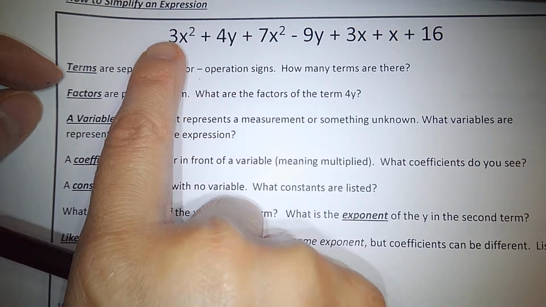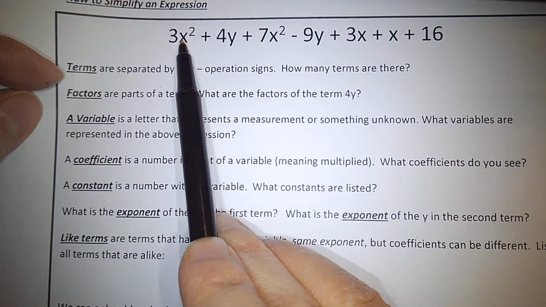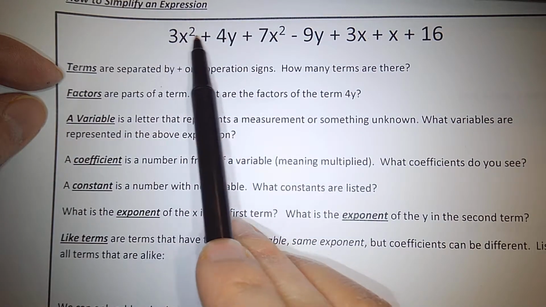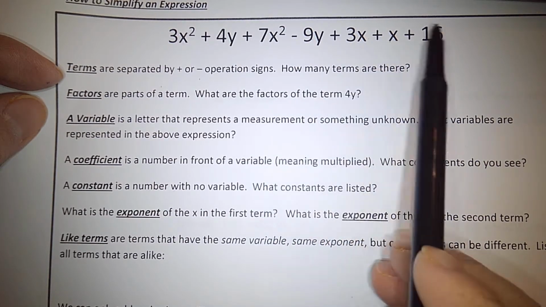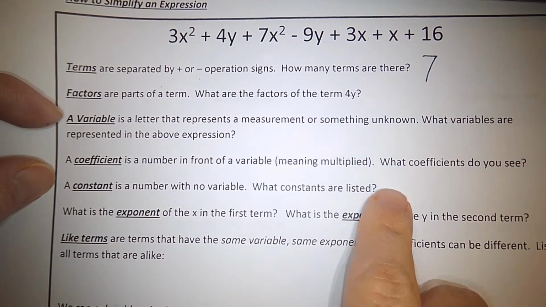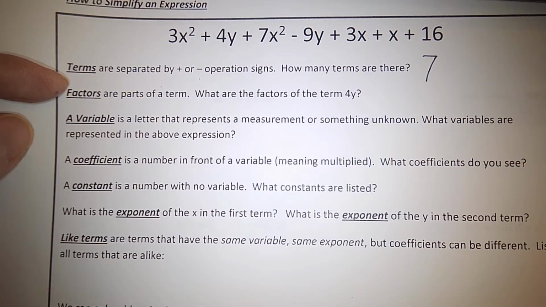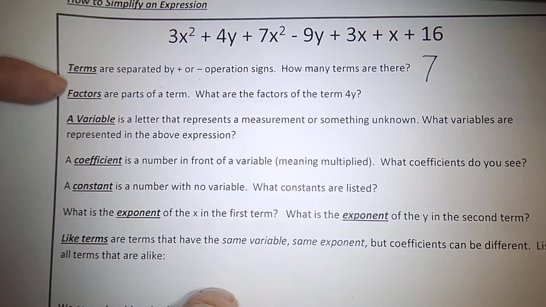So how many terms are there in this expression? Can you count? 7? Yeah, let's count again: 1, 2, 3, 4, 5, 6, 7. So 7 terms. You may ask, what are terms? Terms are separated by addition or subtraction signs.